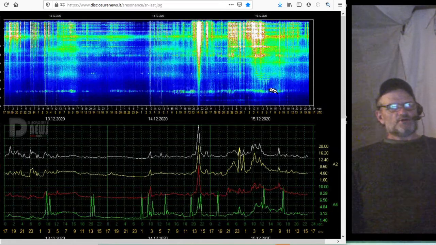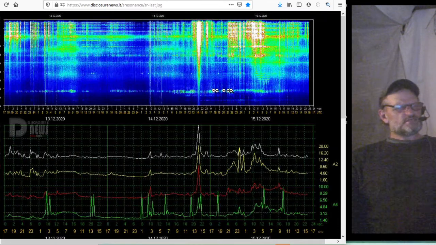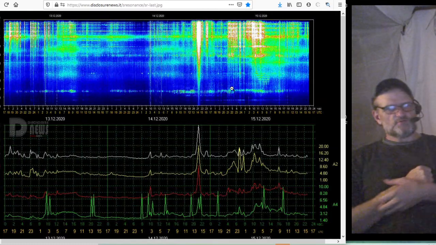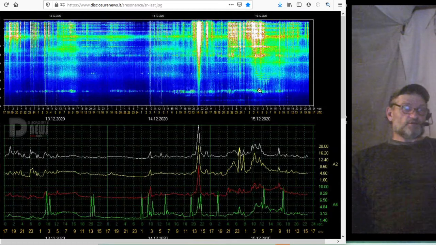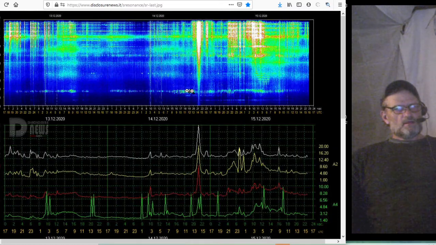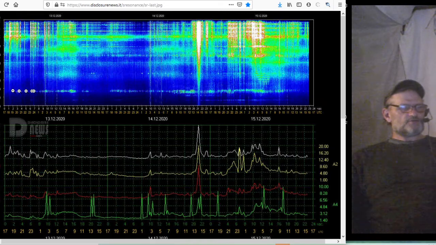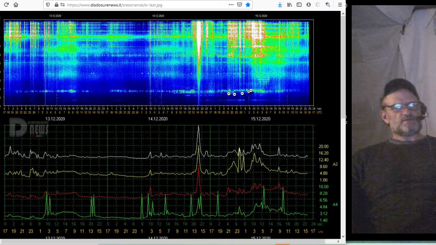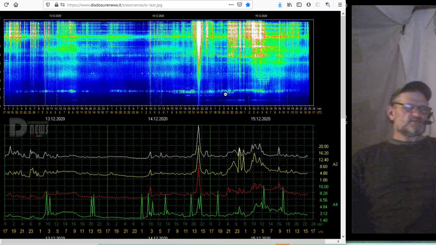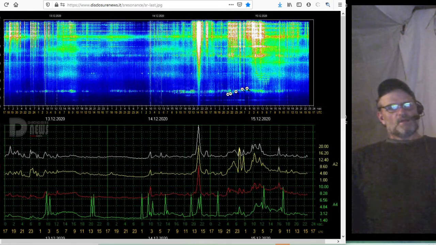So this line here is something that's just been recently showing up in the last couple weeks, not even 2 weeks. I don't want to call it a solid line, but it is a definite frequency line at 33 hertz, give or take, and it bounces up and down depending on what the ionosphere is doing.